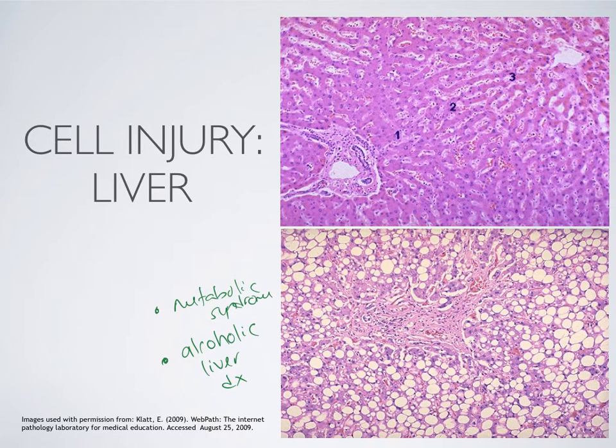What do you think you would see if you were to actually look at this liver grossly? What do you think the liver would look like? Yeah, it looks fatty. It's enlarged. People who have fatty liver actually have increased abdominal pressure. It makes it harder to breathe. They get a lot of indigestion, a lot of stomach pains.